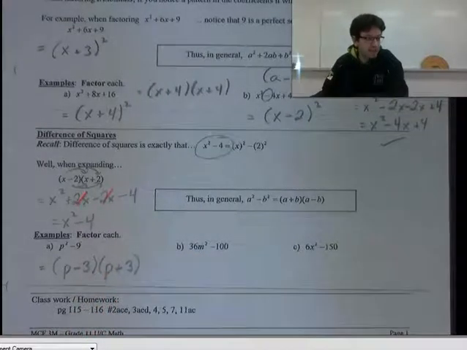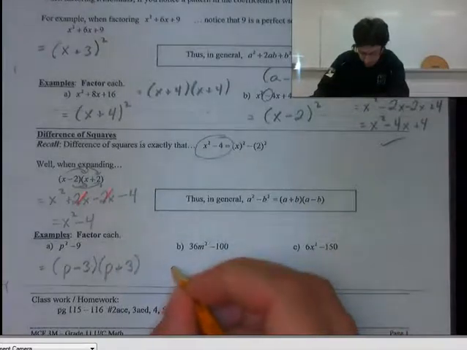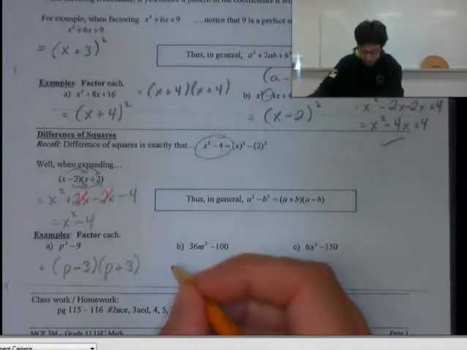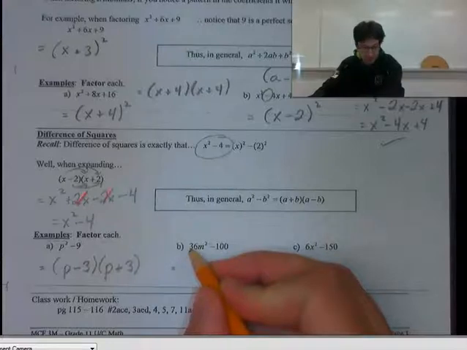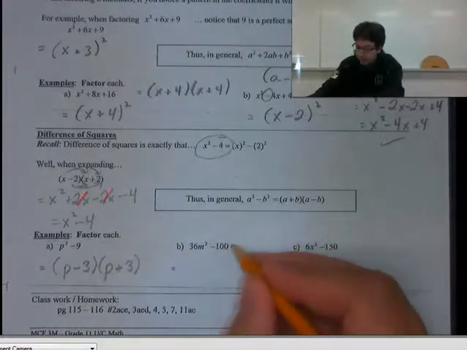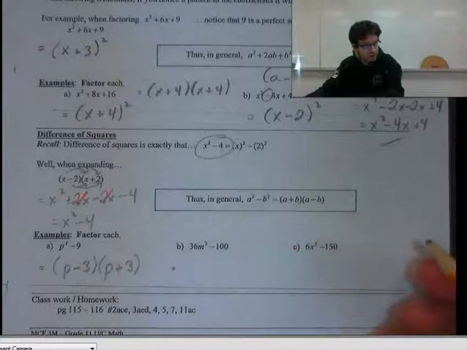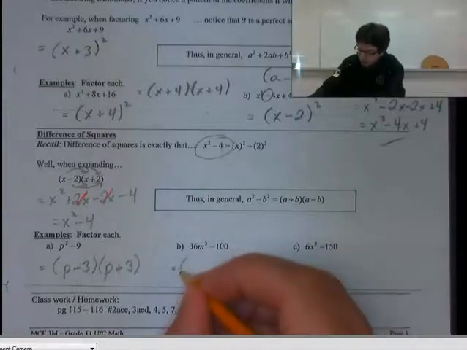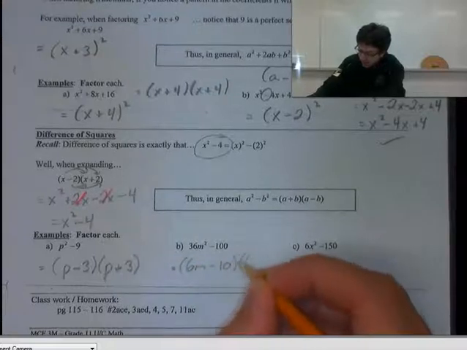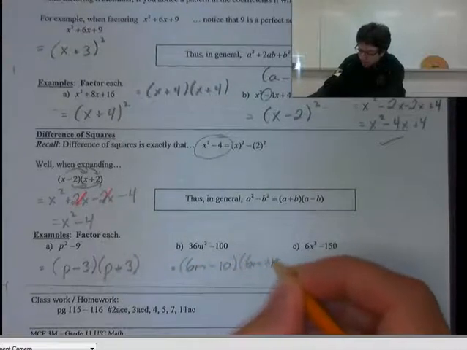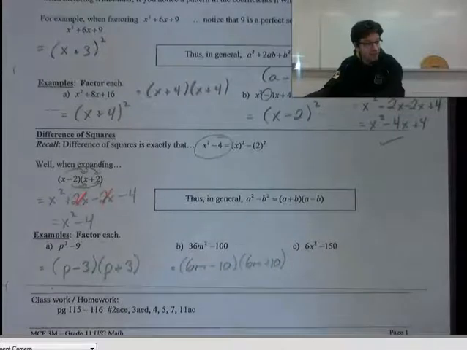Again, you can expand that to make sure that you factored it correctly. But let's look at the next example. You might look at this one, say, okay, well 36 is simply 6 squared, and 100 is 10 squared. So it looks like we can write it as 6m minus 10 and 6m plus 10. And you can do that.